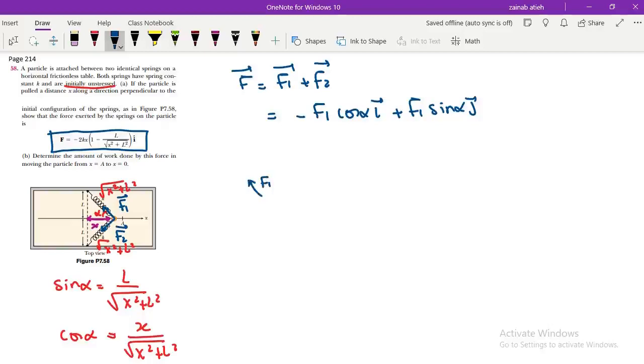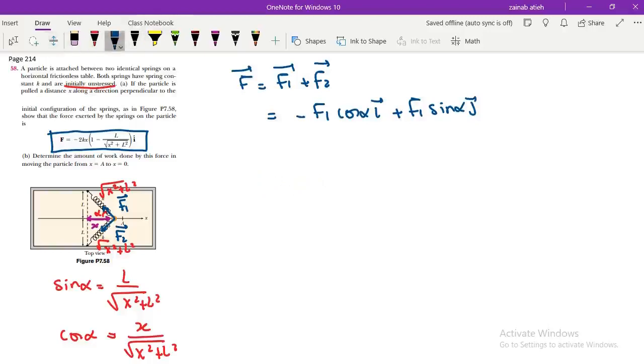This is F1, and here is alpha. When I decompose F1, one component goes upward and one to the left. So this one here is minus F1 cosine alpha and this one here is F1 sine alpha. Don't forget the signs, okay? Don't forget the signs. It's the same as projection, but I put i and j. In projection I write the i and j separately. Here I'm writing them as vectors. Let me erase. This is F1.